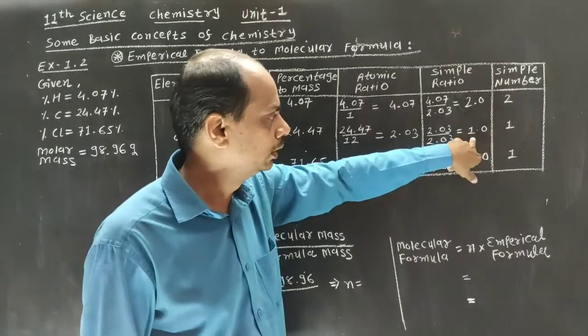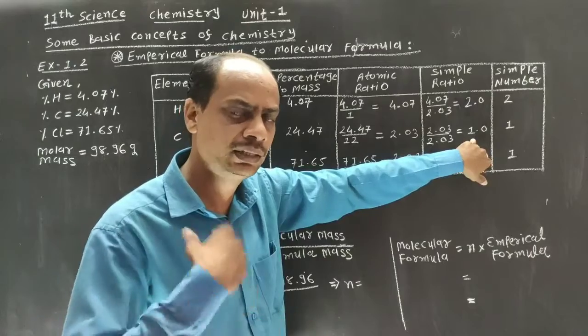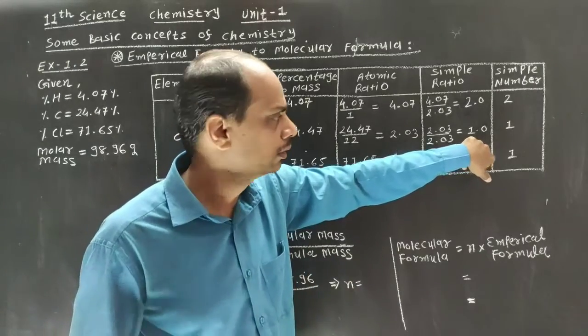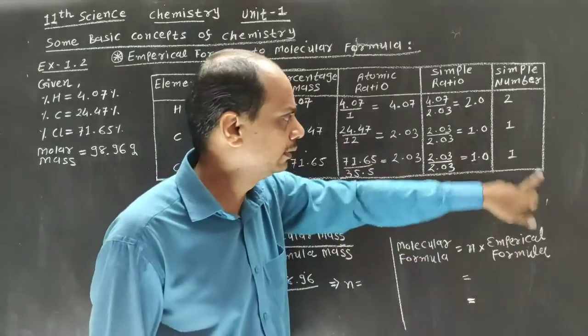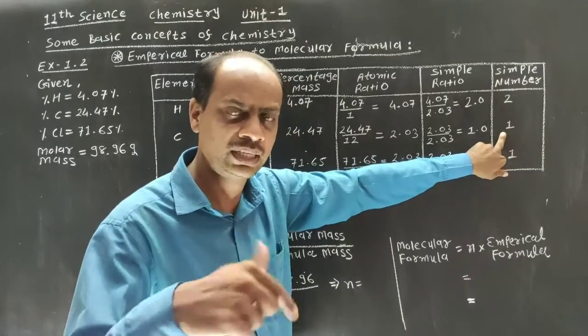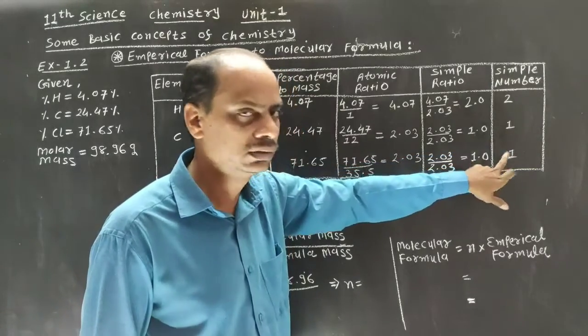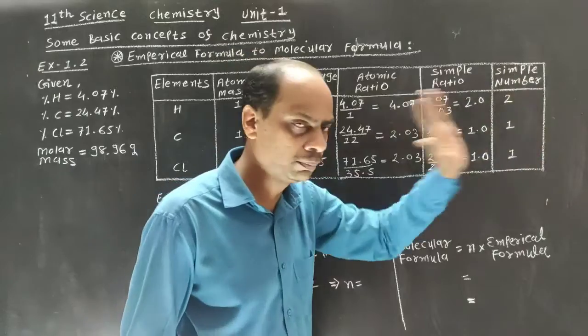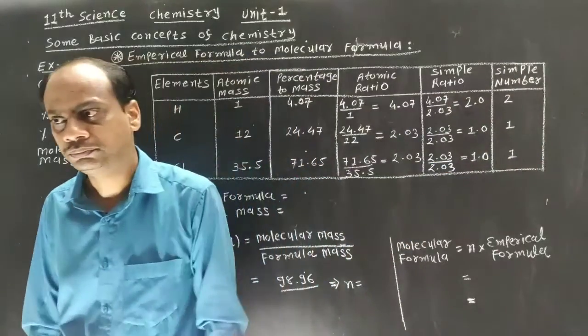And if someone obtains the answer in any example like 0.99, then he or she has to write here 1, the nearest whole number. So these are the simple numbers: 2, 1 and 1.